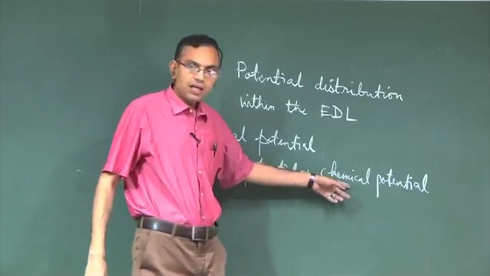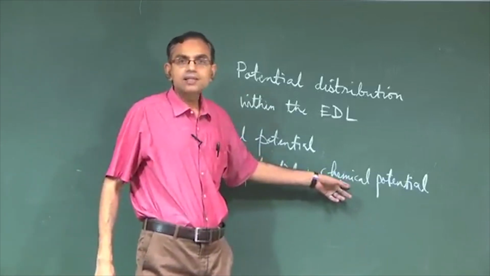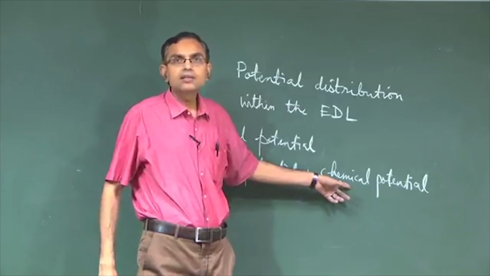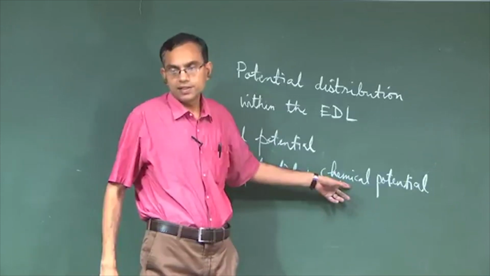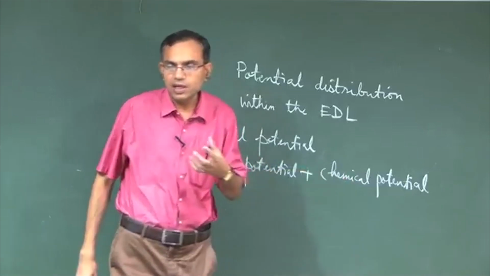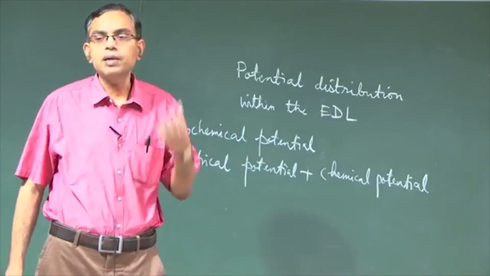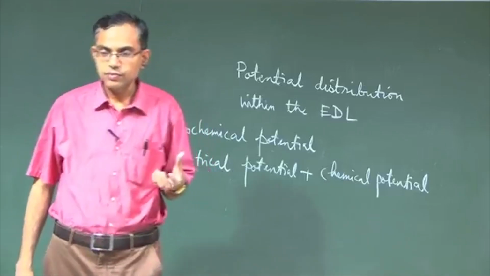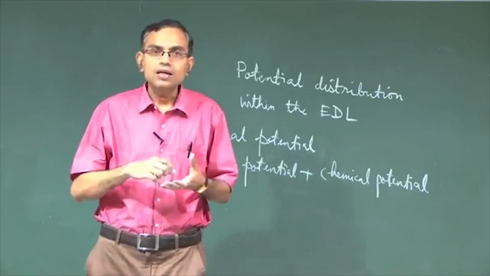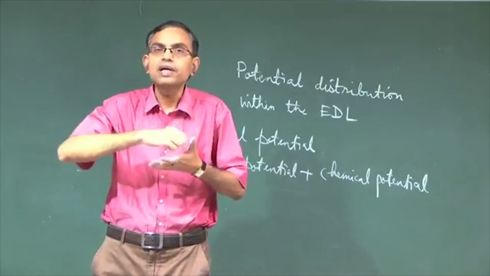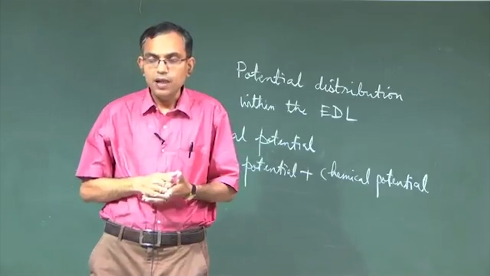Chemical potential is relatively well understood in thermodynamics, and let me briefly tell you what it is. Chemical potential signifies physically the driving force for a chemical change to take place. A system in chemical equilibrium means that there is no gradient in chemical potential.